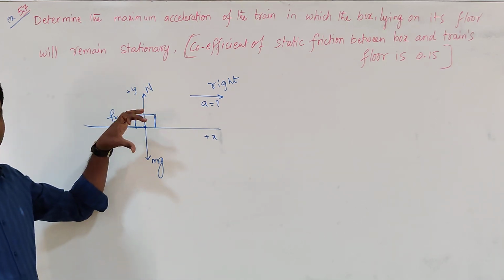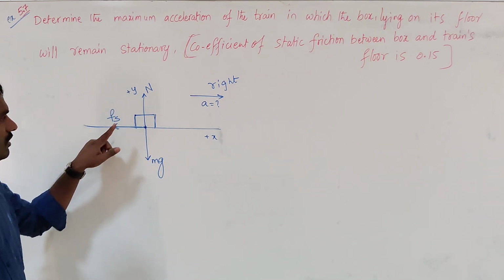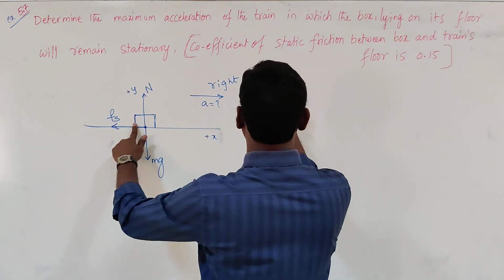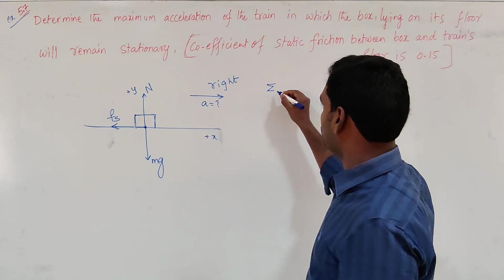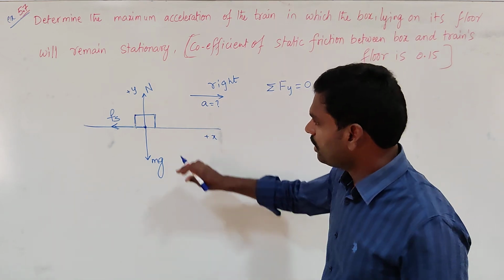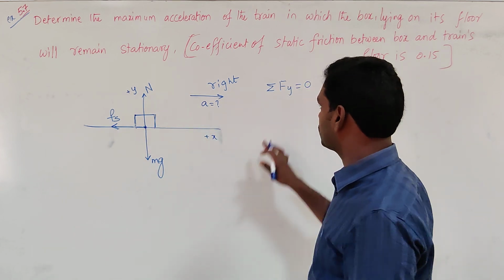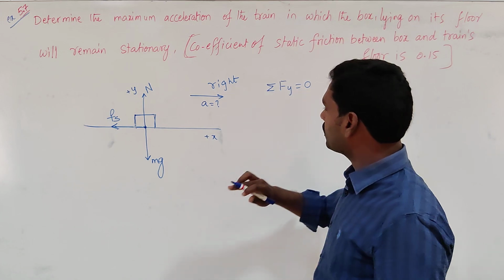It's simply at rest on the floor surface of the train. So there is no motion along the y-axis, and the body is in equilibrium in the vertical direction. So sigma Fy equal to 0, that means the summation of y components of force is equal to 0.